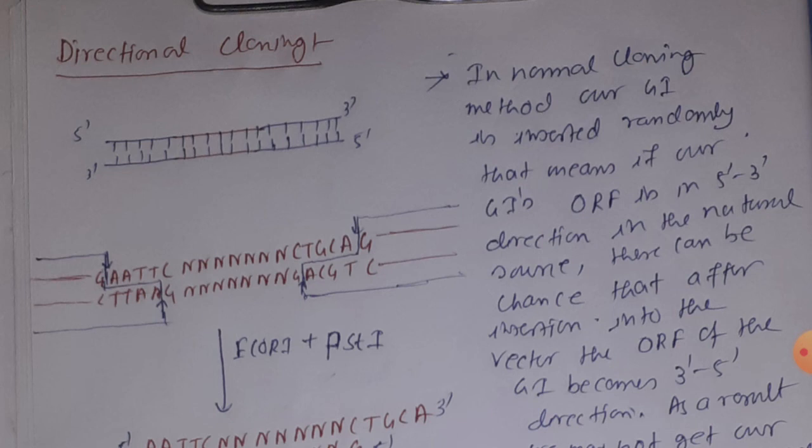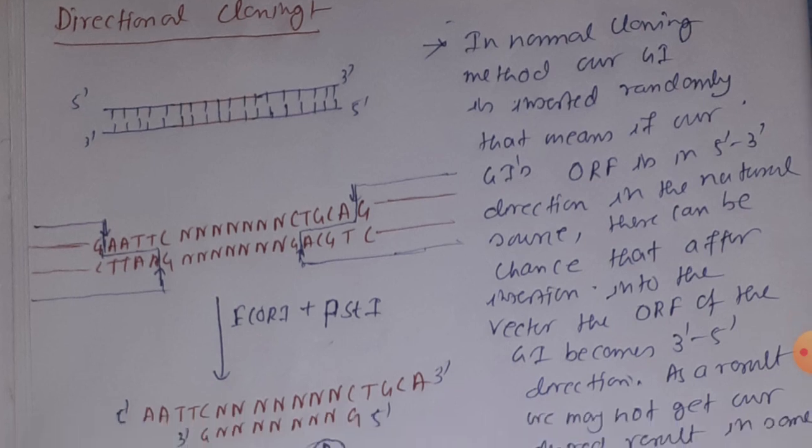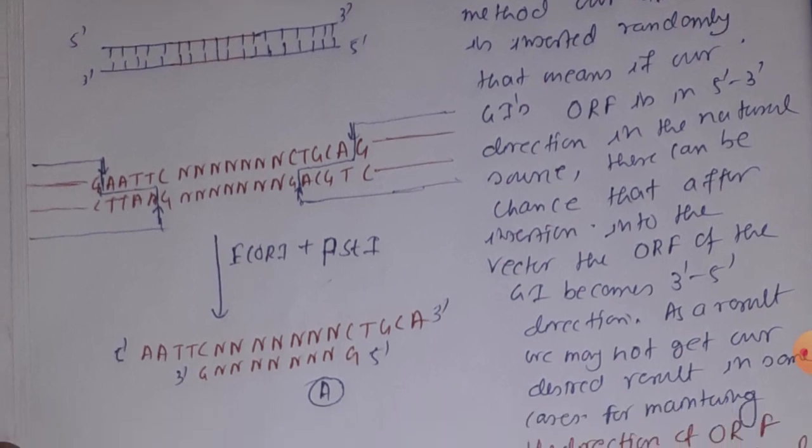And the important thing that I want to mention again is that the recognition site for the 5' staggered cut and the recognition site for the 3' staggered cut should be present in both our gene of interest and our vector. Otherwise we cannot choose that combination of enzymes as our restriction endonucleases for directional cloning. So that's how directional cloning helps us maintain the directionality of the ORF.